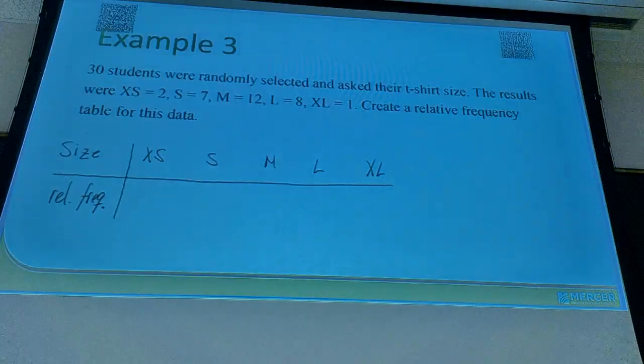First, let's make sure that the sum of the frequencies is 30. 9, 21, 29, 30. Okay. Just want relative, not percent, so these will be staying as decimals.